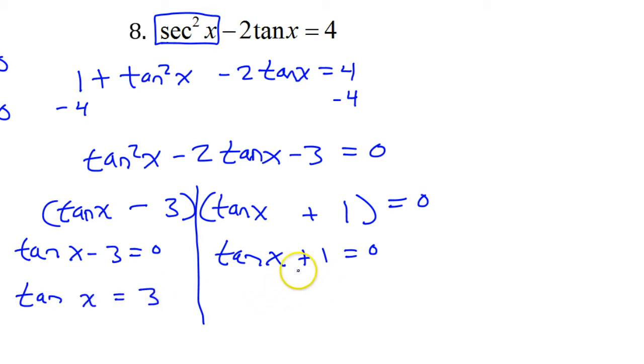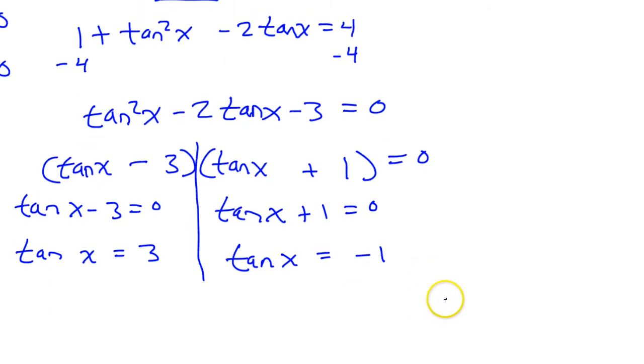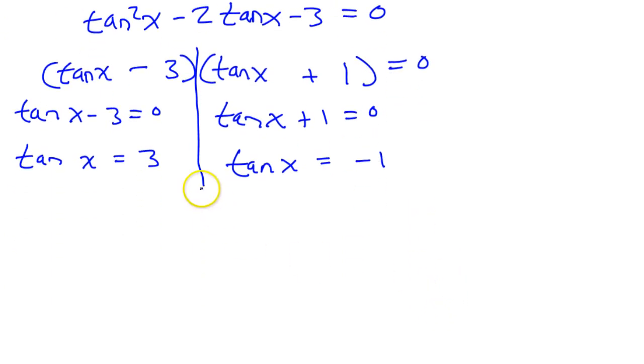And over here, subtracting 1 from both sides, I've got tangent x is equal to -1. Now, I'm going to come back to the one on the left for a minute because honestly, I'm not 100% sure what to do with that without involving a calculator. But this one, I know what to do because I know the angle.